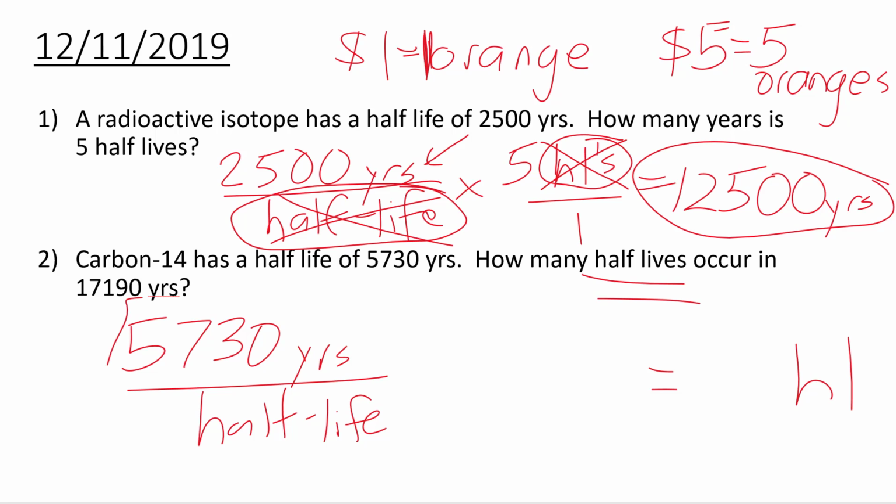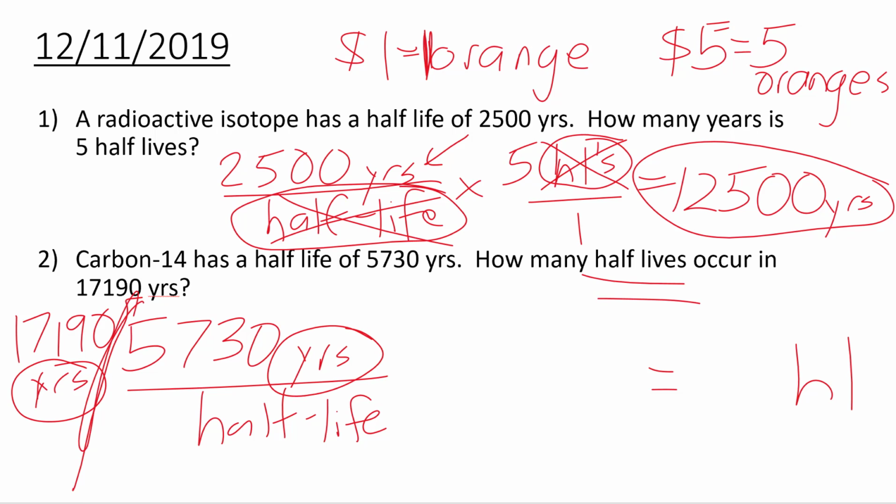So what you actually do is put 17,190 years right there. And notice years here is on the top and years here is on the bottom of this fraction, so the years actually cancel out.